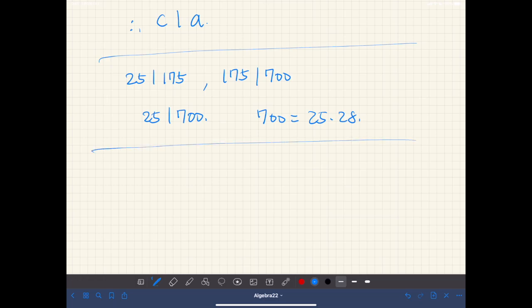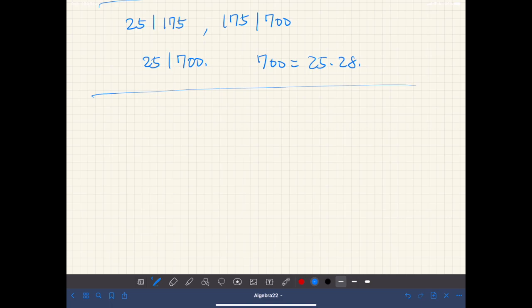Let's try to enumerate all the divisors of, let's see, 18. So divisors of 18 are plus minus 1, plus minus 2, plus minus 3, plus minus 6, plus minus 9, and plus minus 18. Out of which plus minus 1 and plus minus 18 are, of course, trivial divisors.